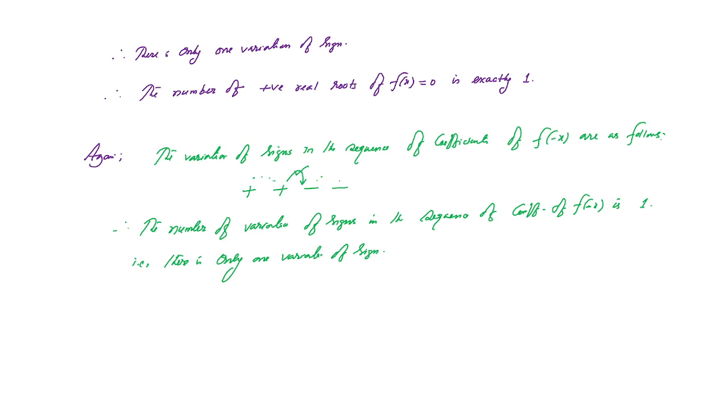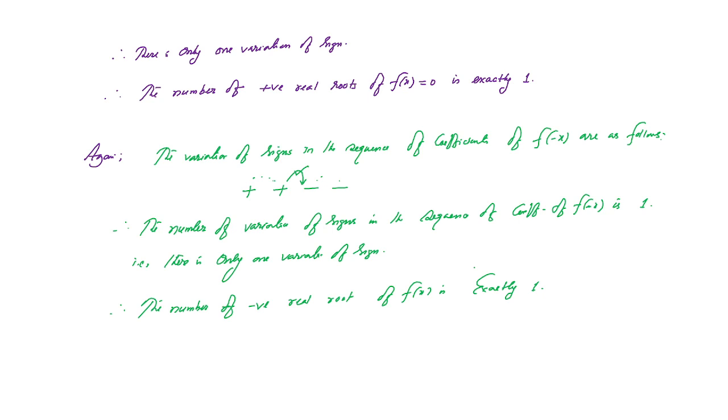So what we conclude: the number of negative real roots of f(x) equals to 0 does not exceed 1. That means it will be exactly 1. So therefore, the number of negative real roots of f(x) equals to 0 is exactly 1.